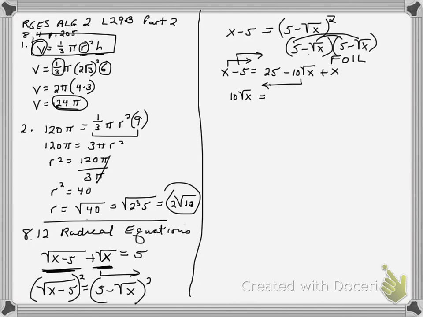My negative 5 to the right side, and we'll get 25 plus 5, which is 30. Divide by 10. And so we'll get square root of x equals 3. Square both sides to get rid of the radical sign, and x equals 9. Let's do another one.